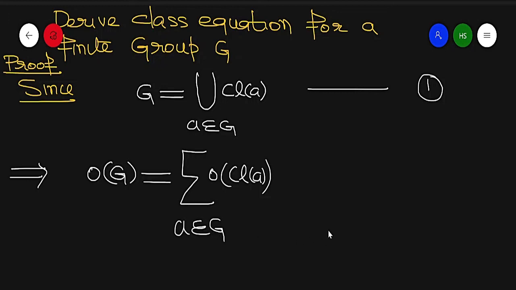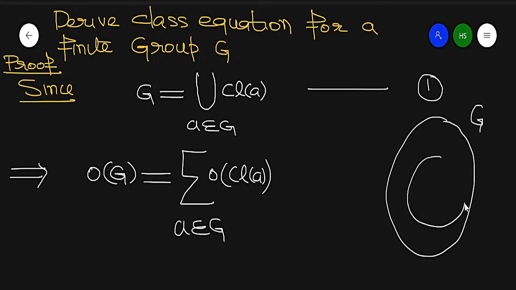Now we know that there are two parts: either A belongs to the center of G or A does not belong to the center of G. Means we have this group G and it has some center of G at which all elements commute. So this summation is divided into two parts.